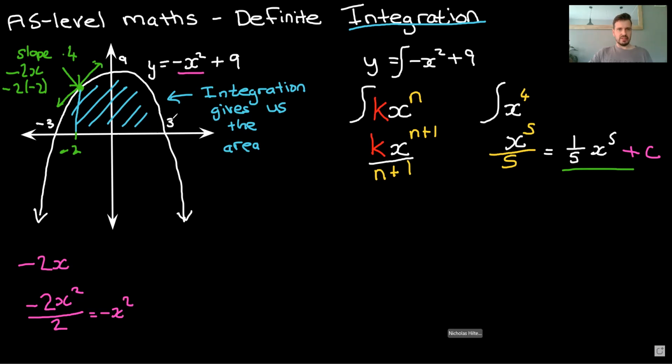Well, that's for this bit. But this plus 9, I cannot get to, because it could have been plus 10. I still would have got minus 2x as my derivative. So that's the first thing we know, is that this plus c is important. Okay, and because I don't know the plus c, I can't actually find an integral.